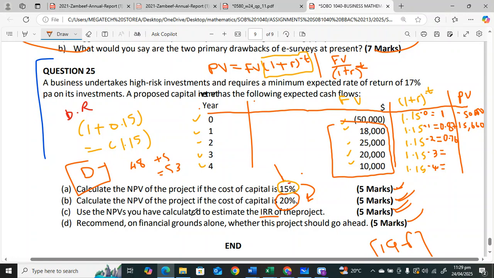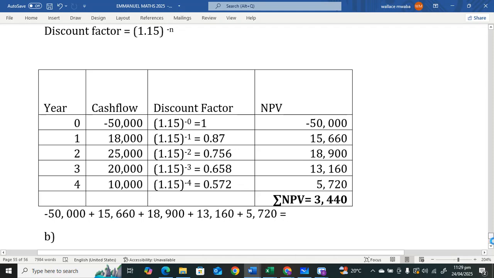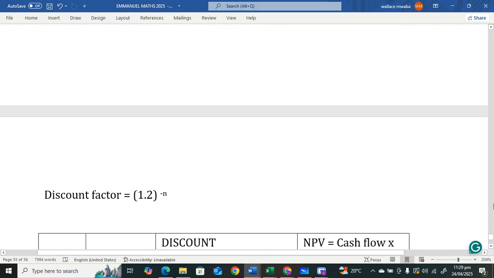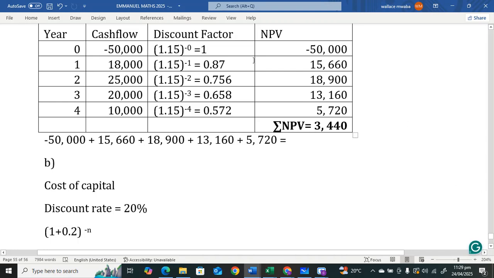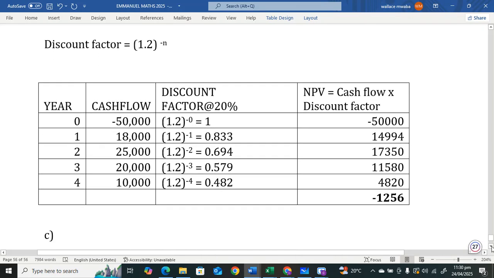Okay, let me see what I got. Negative 1000.